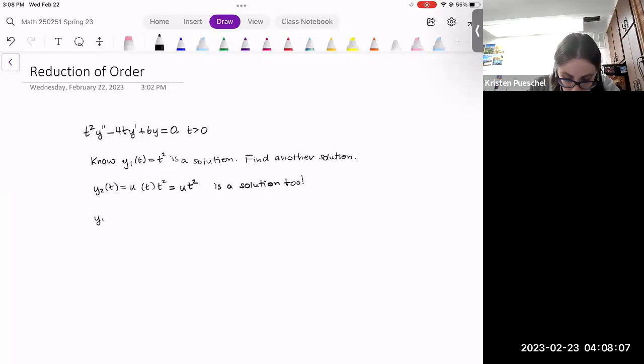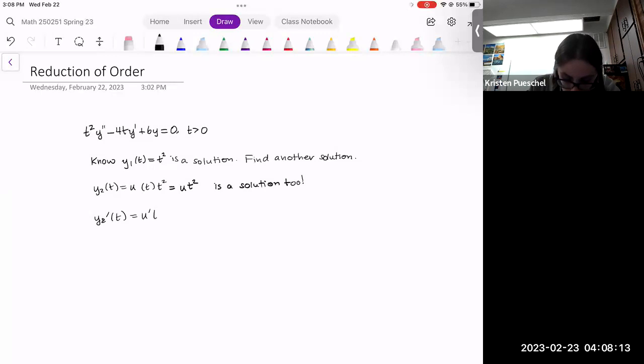So we start by finding our first derivative using the product rule. We have u prime times t squared plus u times 2t. And then we're going to take a second derivative. So we get u double prime times t squared plus u prime times 2t.